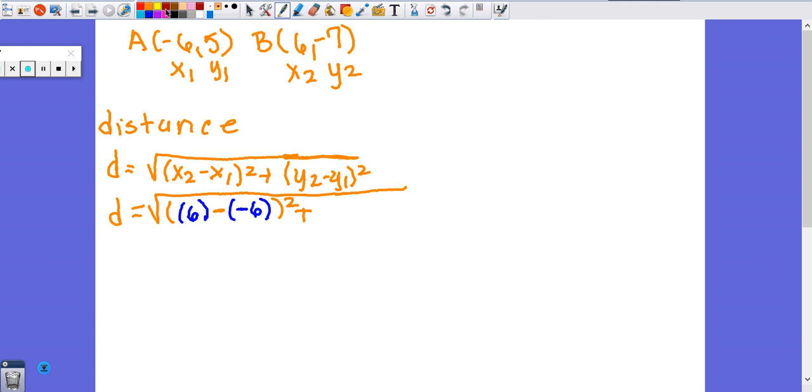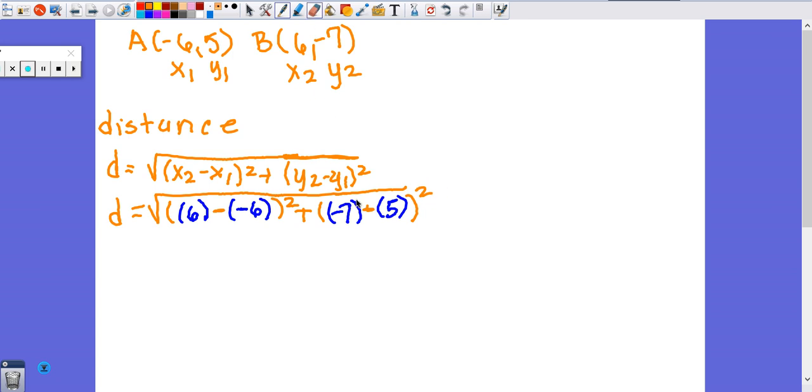I'm going to go to y2, which is -7, well, put the parentheses that was already there, so we get -7 minus, and then y1 is 5, so I'm going to put my parentheses, 5, close it, and then put the parentheses that's a part of the formula, and put the squared up there.